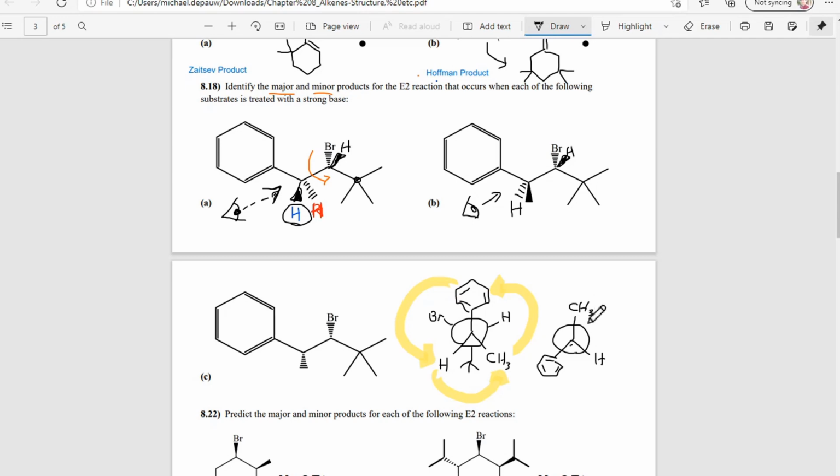But in the back, I haven't changed anything. I only rotated the front groups, which means there's going to be a bromine, and this down here is going to be tert-butyl, and a hydrogen still. So now this hydrogen can be eliminated.